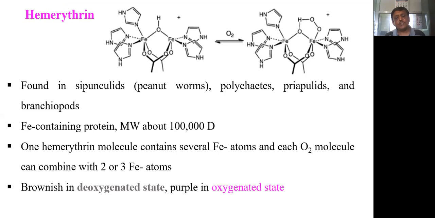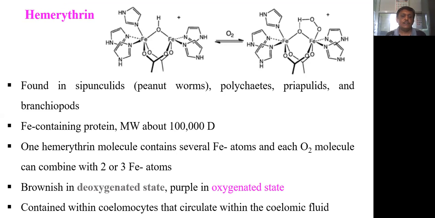It is brownish in the deoxygenated state, but purple when oxygenated, and it is contained within coelomocytes. That means these are present inside some cells, not necessarily blood cells, but cells in the coelomic fluid, which circulate freely with the coelomic fluid. So they are present in these coelomocytes.